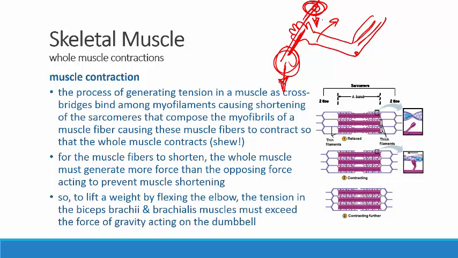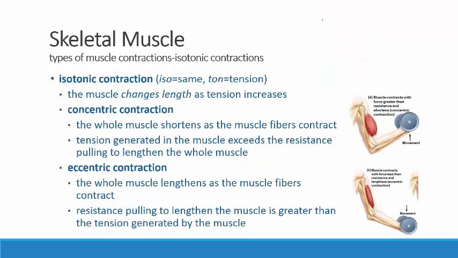So just because we generate tension in a muscle doesn't mean we are necessarily going to cause movement. In order for movement to happen, the tension we generate has to create stronger forces than whatever is opposing our tension. Hopefully that now makes sense with my awesome drawing that you love.